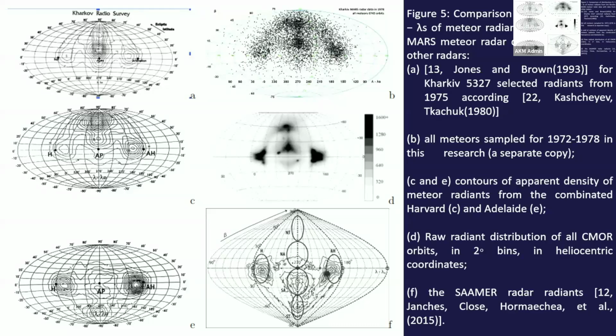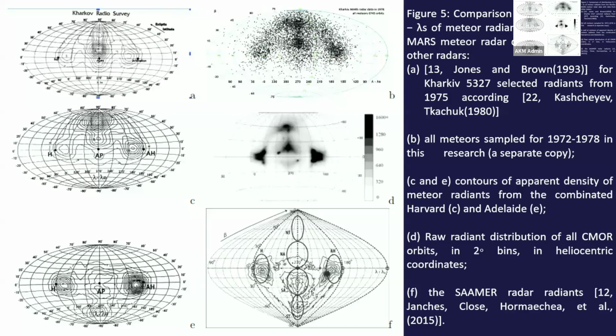On this slide is a comparison of distributions: beta and lambda minus lambda of sun of meteor radiants from the Kharkiv Mars meteor radar with data from other radars. A is for Jones and Brown and the Kharkiv catalog. B is the figure for our meteors in this research by Aladin.